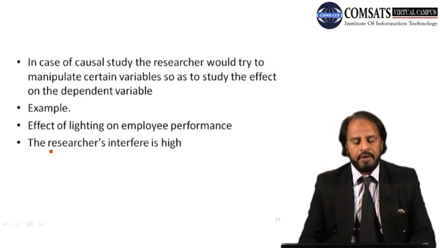If you remember, we talked about the Hawthorne experiment way back. In that scenario, we looked at the effects of light on the output of the employees. There, the output was being considered as the dependent variable, and one independent variable was being studied. That was the effect of light.